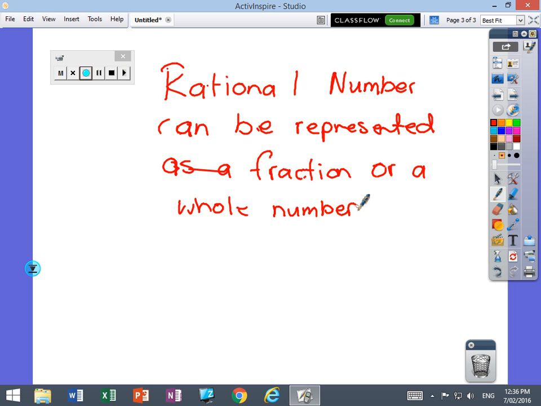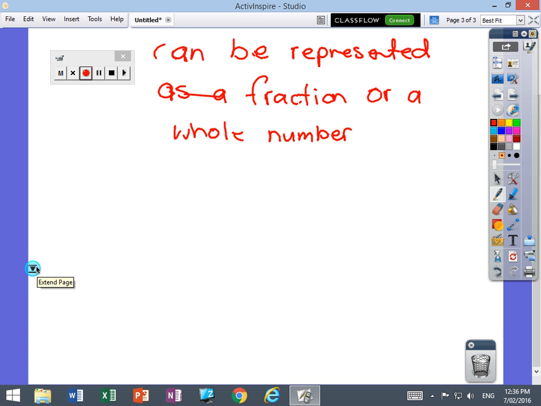So these are most of the numbers that we use on a day-to-day basis.